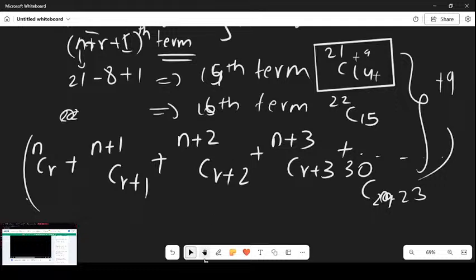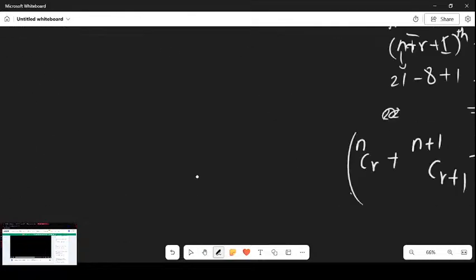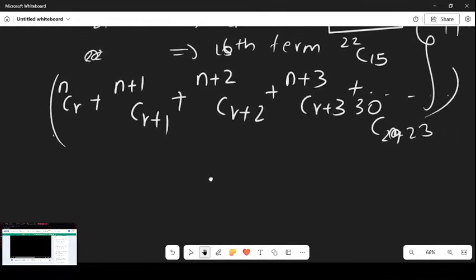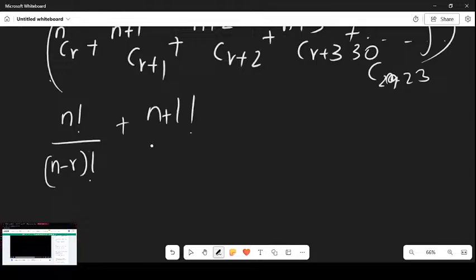You understand what I'm trying to say? Here, I can write this as n factorial divided by n minus r factorial. In case of this, it will be n plus 1 factorial divided by n minus r factorial, and this will be r plus 1 factorial.